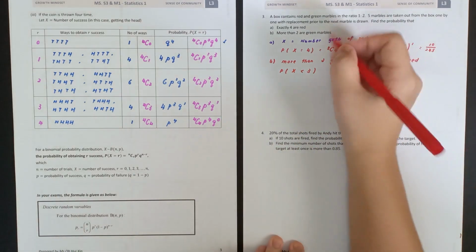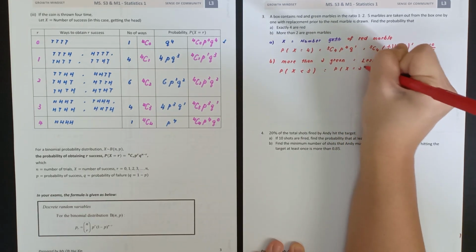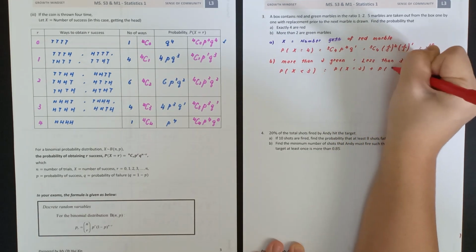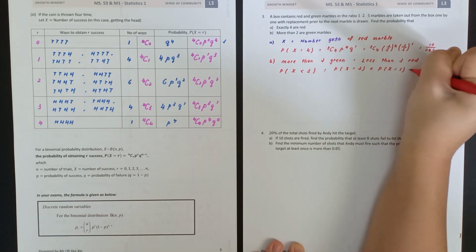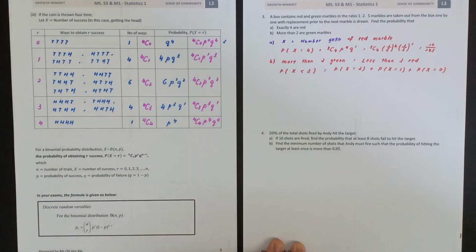Okay, so after this, you try to find P(X=2) + P(X=1) + P(X=0).